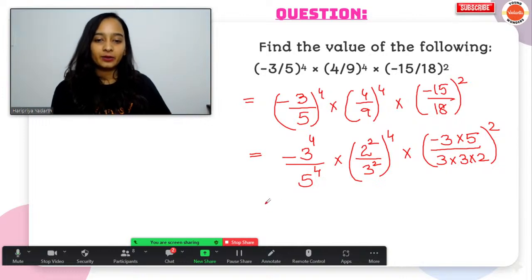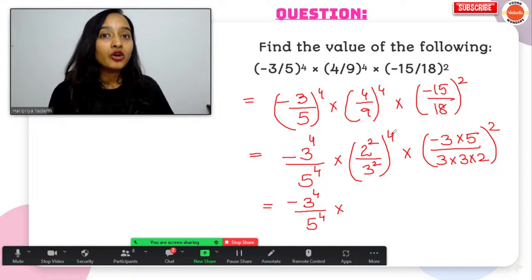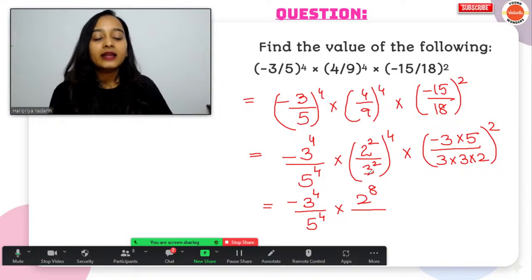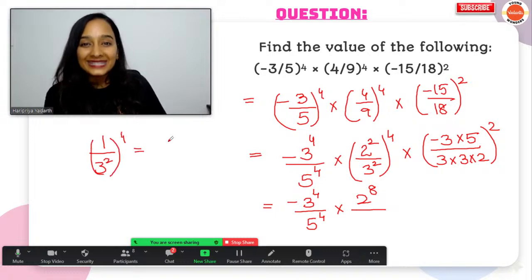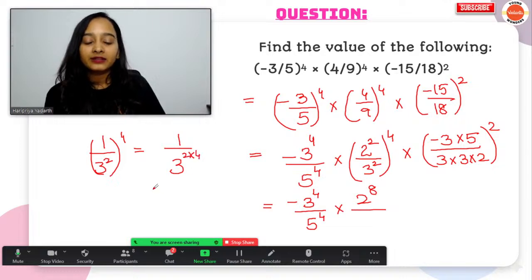So minus 3 to the power 4 divided by 5 to the power 4 multiplied with 2 square whole to the power 4 will give you 2 to the power 8 divided by 3 square whole to the power 4. 1 by 3 square whole to the power 4 is nothing but 1 by 3 to the power 2 multiplied with 4, which is 1 by 3 to the power 8.